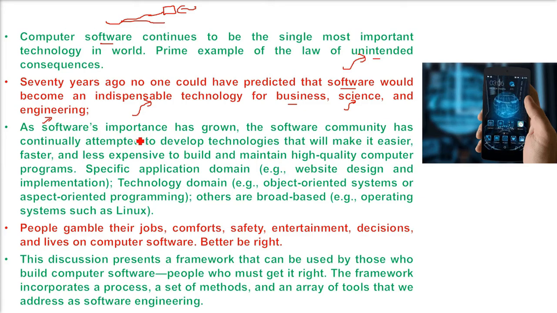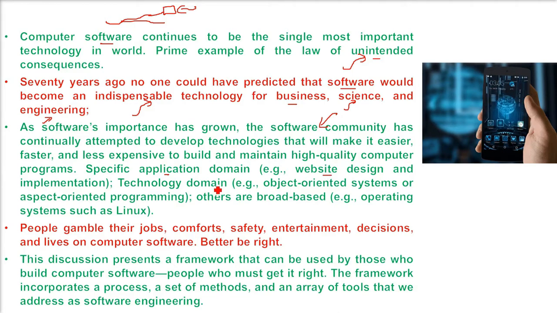As it grows, the software community developed different technologies. They wanted to make it less expensive. They wanted to make good software for every computer to work on. So there are specific application domains like website design and implementation.